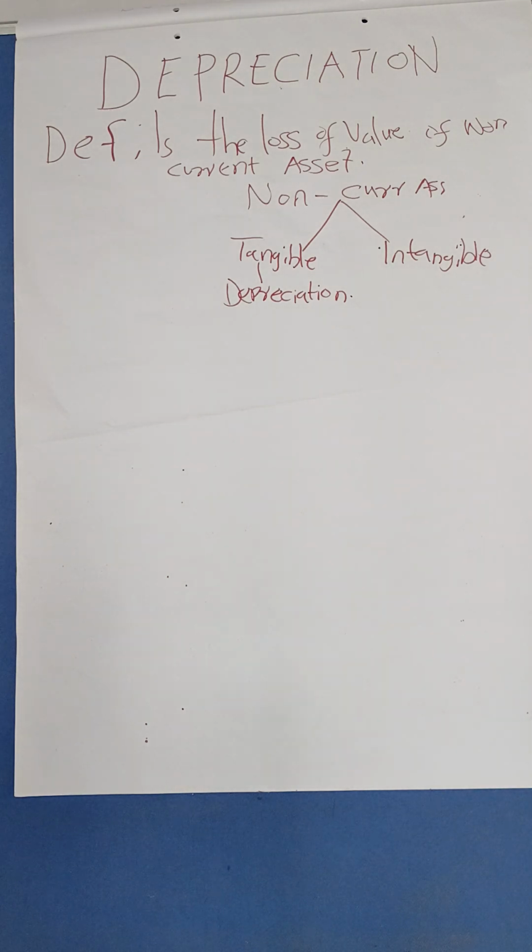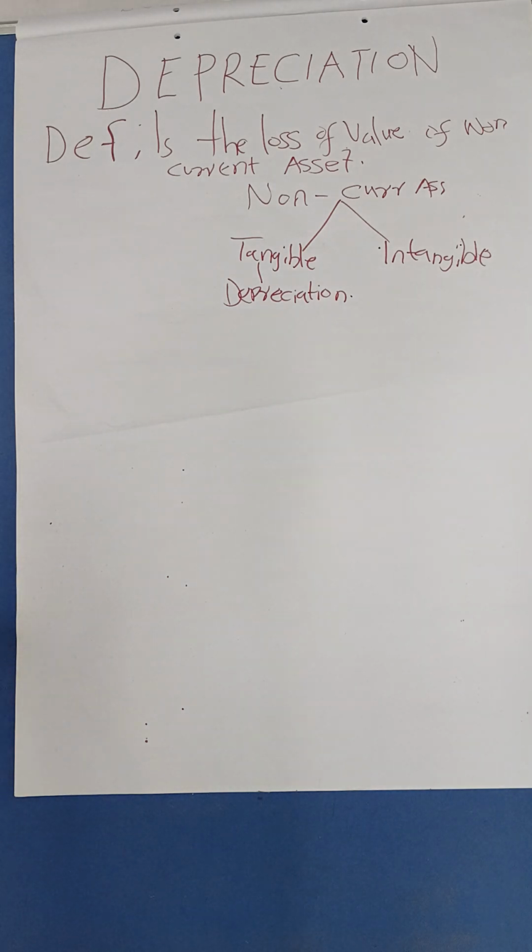When you use it for a certain period, let's say a span of 5 years, the value you bought it with will not be the same after 5 years. When you buy the vehicle today with 5 million and it serves you for maybe 3 years, you can dispose of it at 3 million. So that is what we call depreciation.